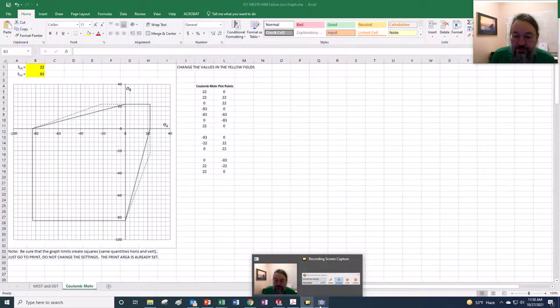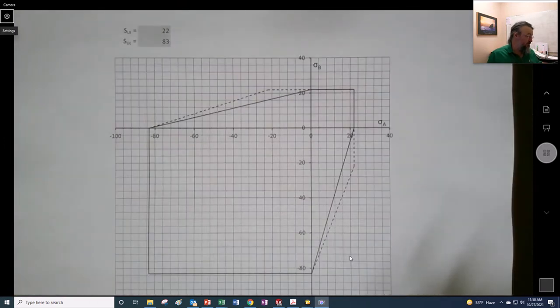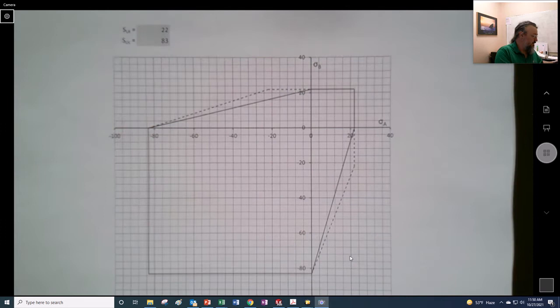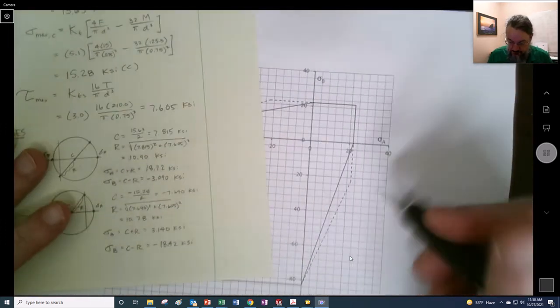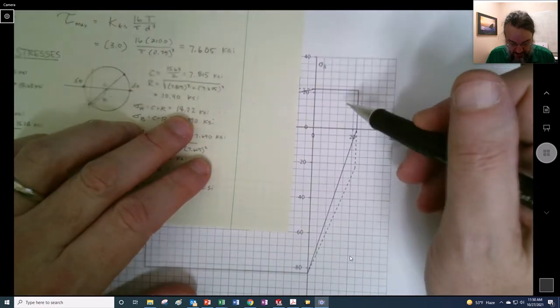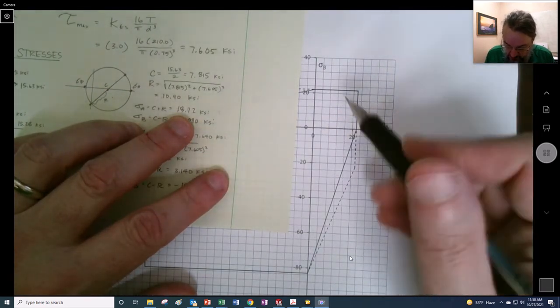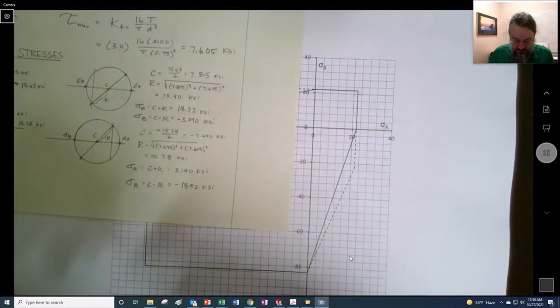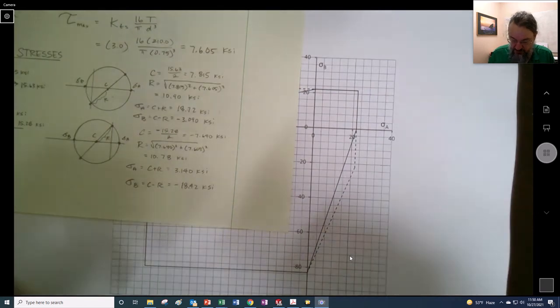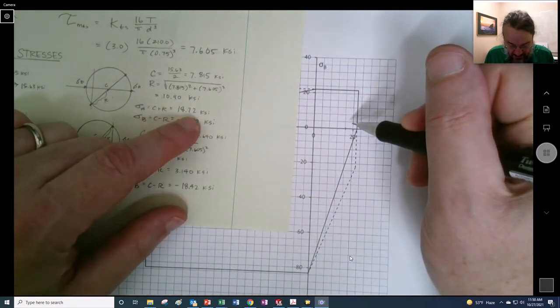Okay, let's see here. So we're going to plot these points out. The first one is, let's see, from here, we can see we have 18.72. So right here we have, what are we counting by? 1, 2, 3, 4, 5. So we're counting by 4s, right? So right here is 16, and we're like 18.72.